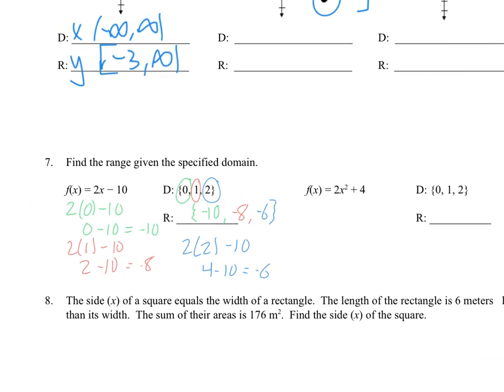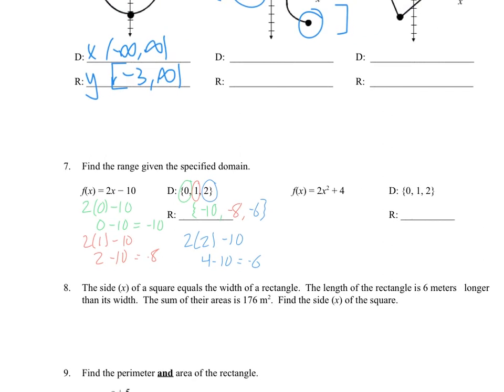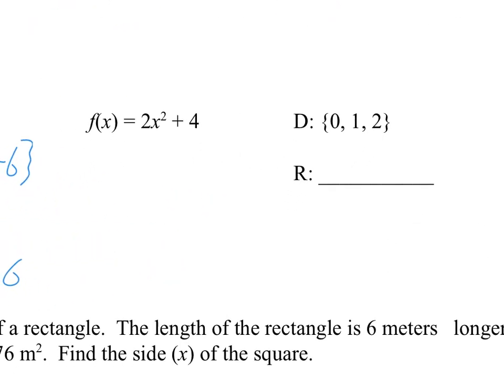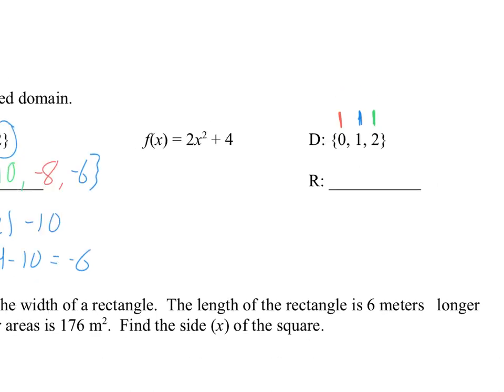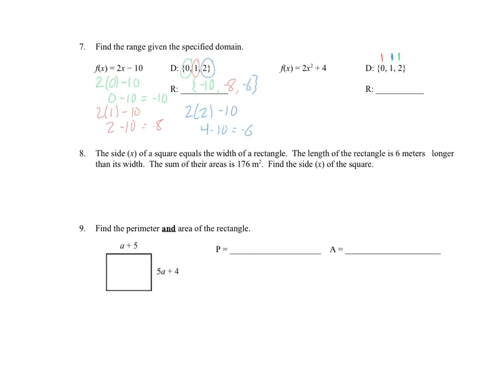There you go. Look at that. Pretty simple, right? You just plug in numbers. So the same thing goes for over here, guys. You're just going to plug in 0, 1, and 2 into x here and solve. Big deal. All right, everyone can do that. There should be no problems there. Don't anticipate any problems there.